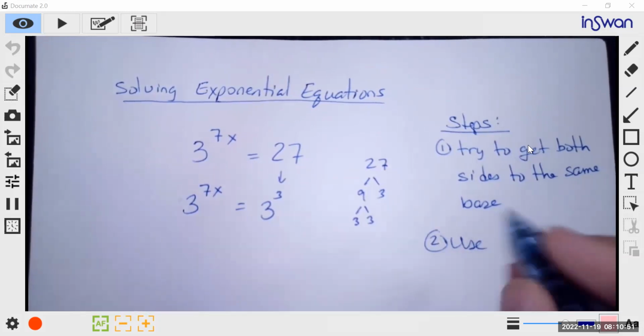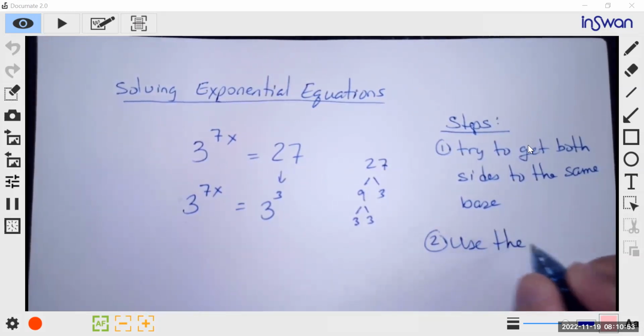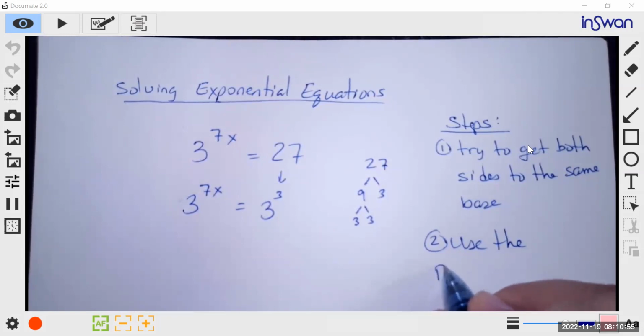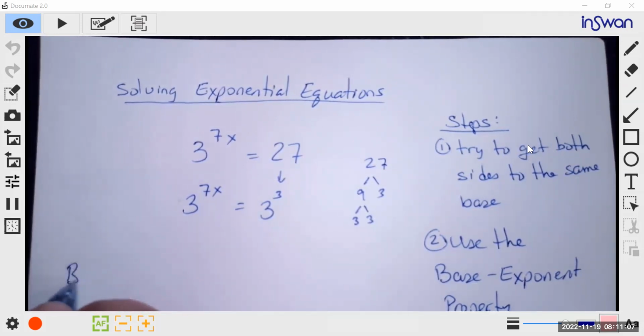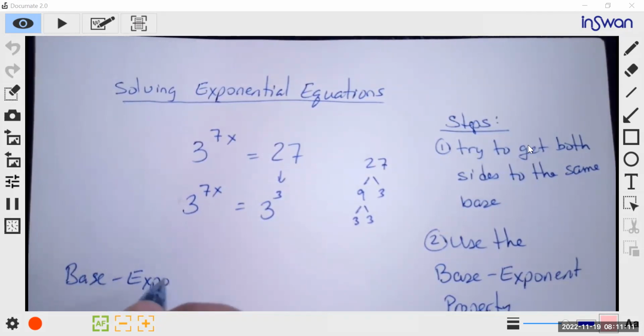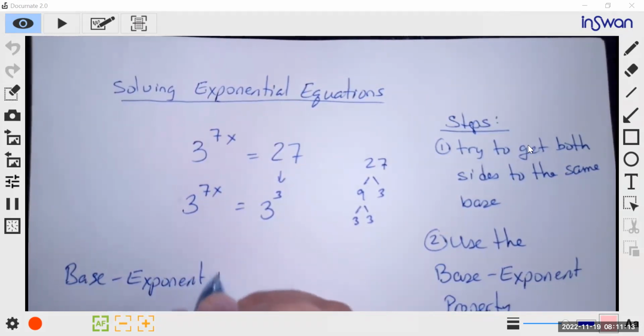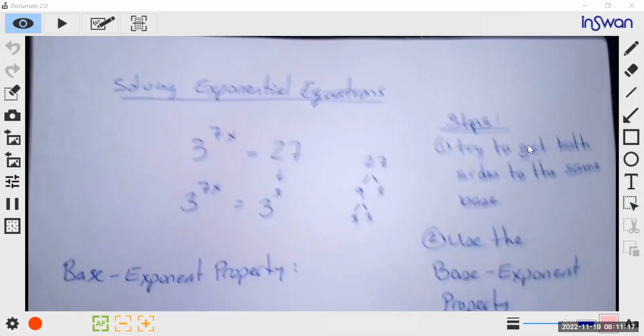Since we have the same bases, use the base exponent property. The base exponent property says this.